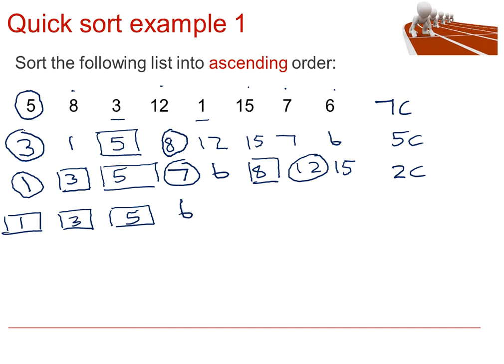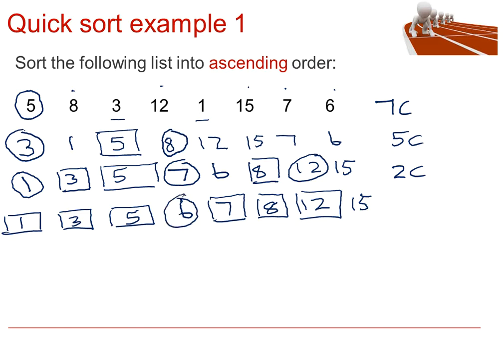The 6 will be written to the left of the 7, which is now fixed, the 8. The 12 is now fixed, and the 15, being a larger number, remains on the right. I now have all the lists with only 1 number in, and therefore I do not need to make any further comparisons, and I can stop.